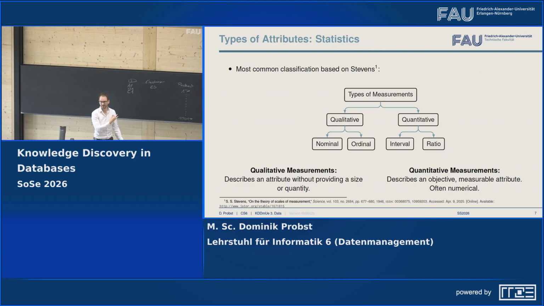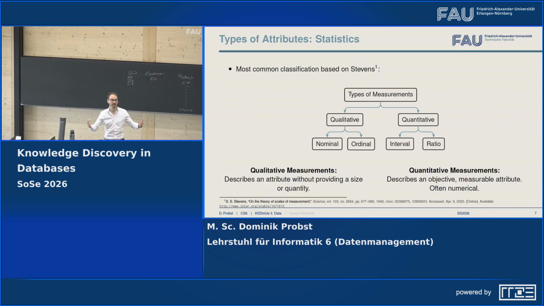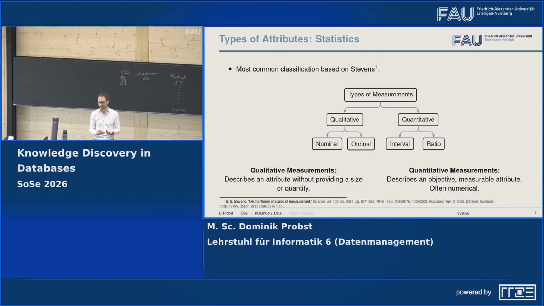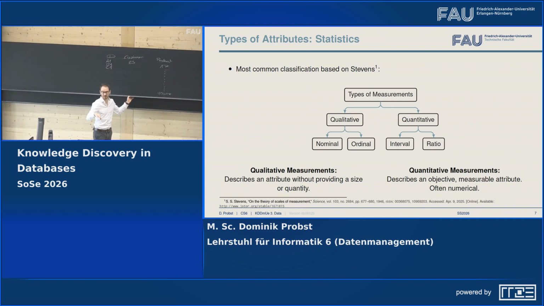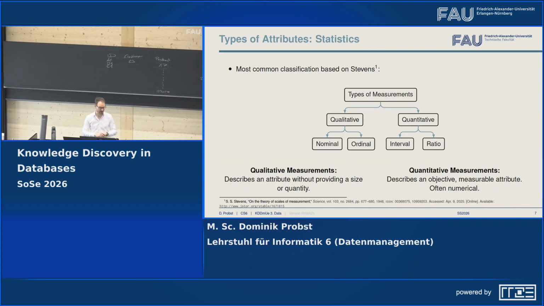And if you do that, it's more obvious that an ID is nothing we can measure, it's more about something describing the thing. So qualitative is correct. Not every number is quantitative by definition. Most often quantitative things are numbers, but the other way around isn't true. So IDs are qualitative, because we are not providing a size or quantity.